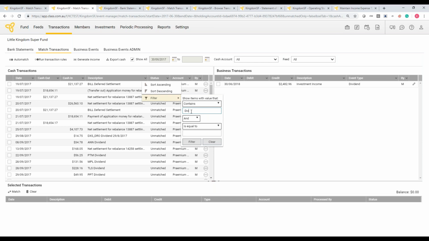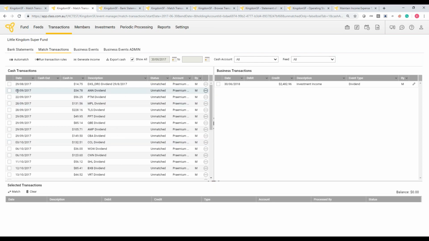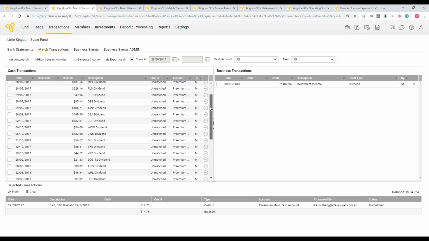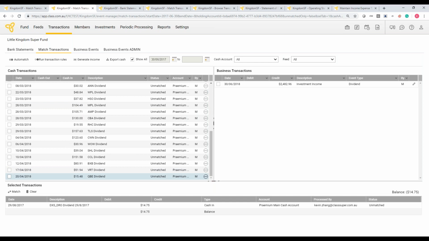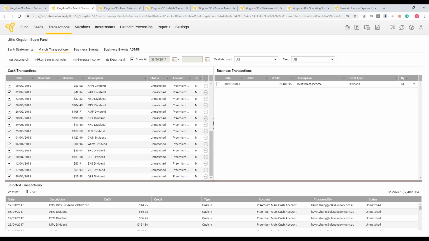So let's do that. Then we select, and another trick is if you press Control Shift, it lets you multi-select all of them. And it's 2482.96. Then you tick this, and you match.